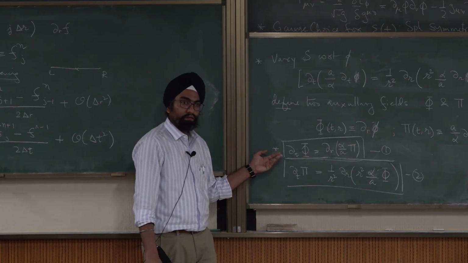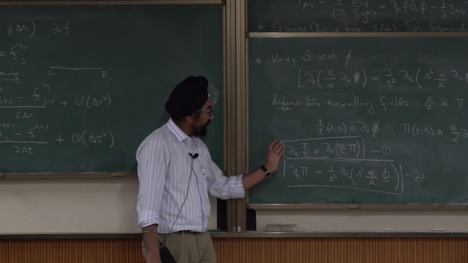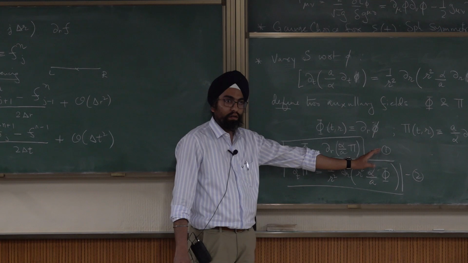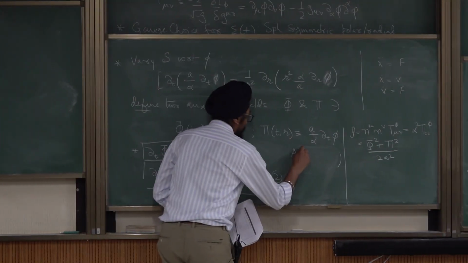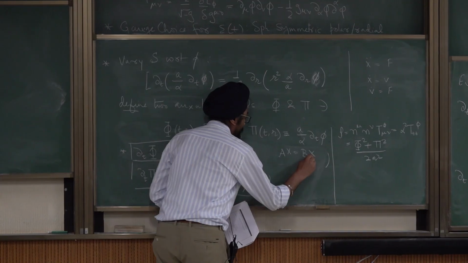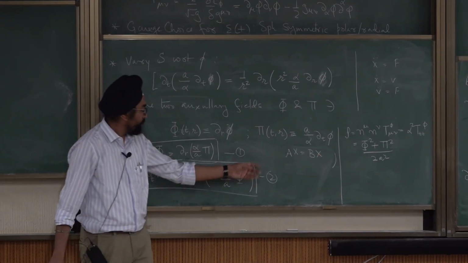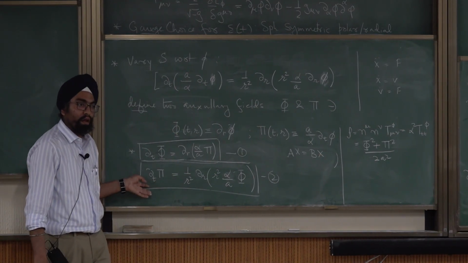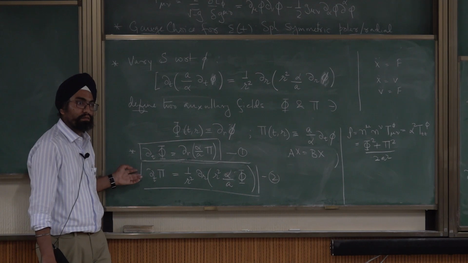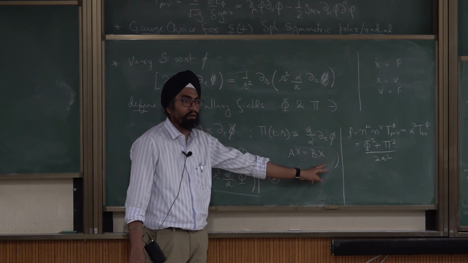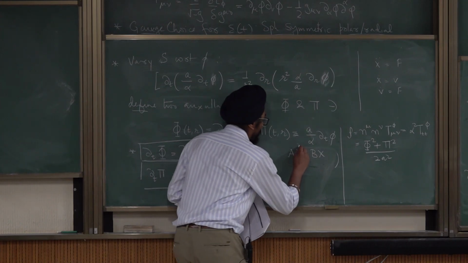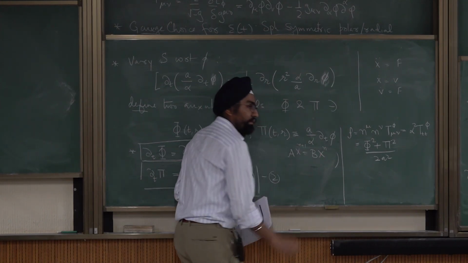You take the n plus 1 terms, keep them on the right hand side, take all the n's on the other side, and make the equations look something like A x equal to B x. Sometimes you have a complicated mess which comes on here.